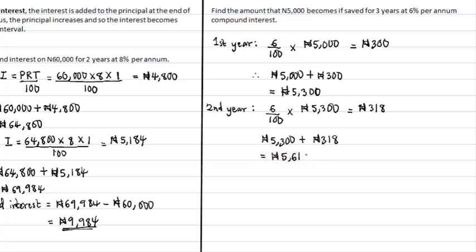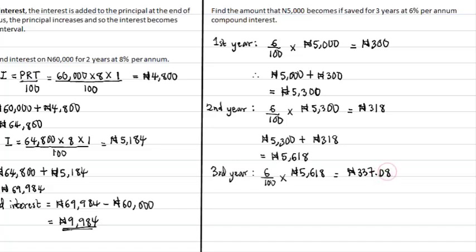Okay, so for the third year, again 6 over 100 times this amount, this time 5,618. This will give us 337.08.